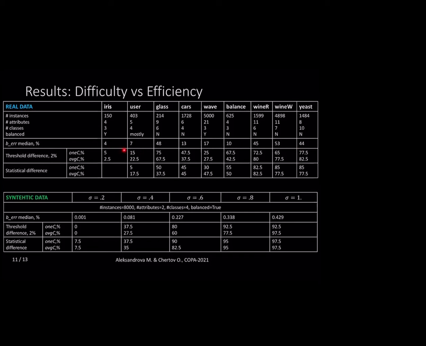Essentially, for easy data sets we observe very little difference; in a very limited number of cases, a difference between nonconformity functions was observed. At the same time, when the data sets were difficult or the classifiers didn't perform well, we observe this difference much more often. And the same pattern is essentially present for synthetic data sets. We have very small values here and large values here.